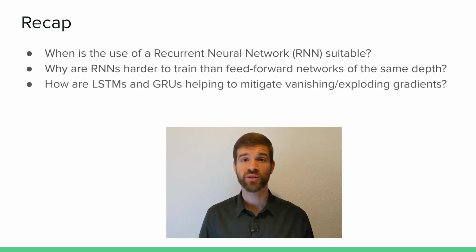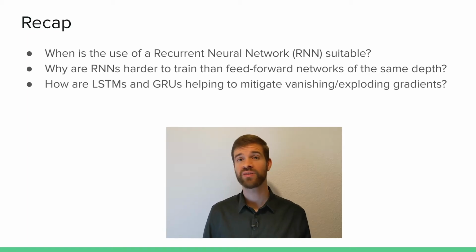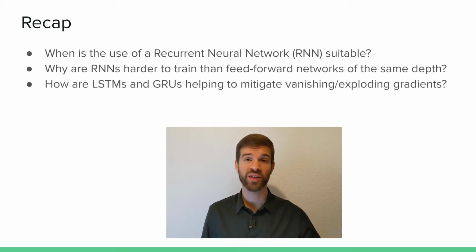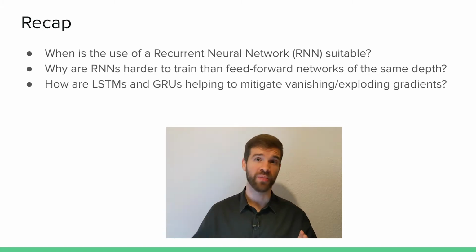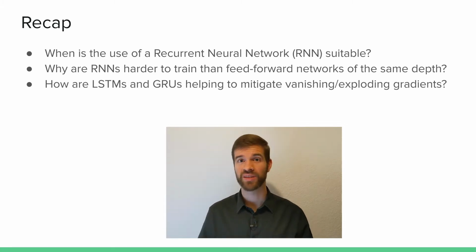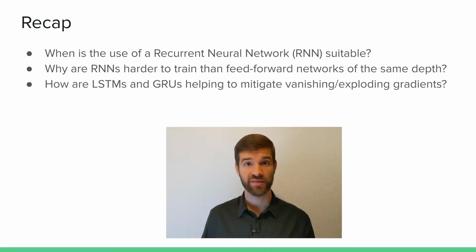LSTMs and gated recurrent units are special types of recurrent neural networks that we took a look at last week. And what they are doing is helping us to mitigate this vanishing and exploding gradient. And they're doing it in basically two ways. One way is that they replace the matrix multiplication with an addition. So you have your input signal, you have your weight matrix, and you add them instead of multiplying them. The second thing is that they introduce gates.